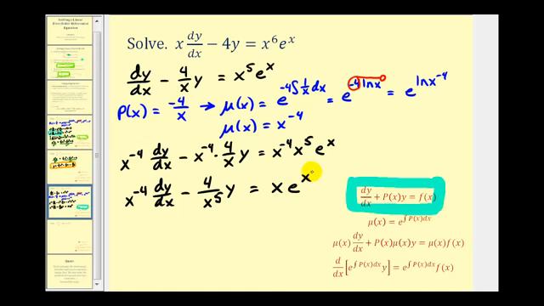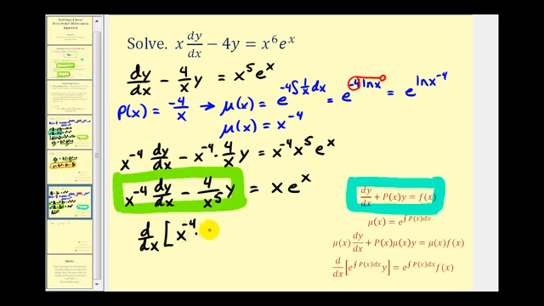So again, the big connection here is that now the left side of this equation is equal to the derivative of the integrating factor times y. Well, the integrating factor was x to the negative 4, and then times y. So these two are equal. Let's go ahead and check it by applying the product rule.